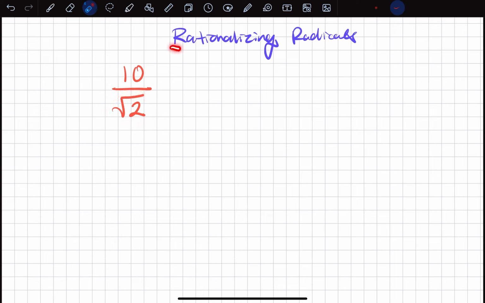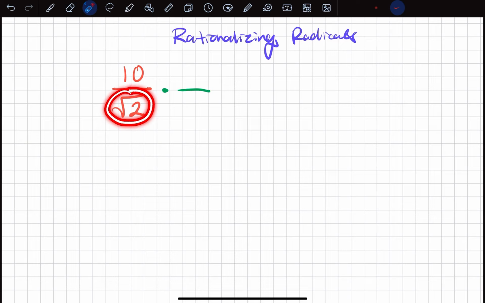I need to rationalize this thing. And so to rationalize, you need to find a way to get rid of this radical in the denominator. And to do that, the easiest way is to multiply your entire fraction, both the numerator and the denominator, by what you're trying to get rid of.